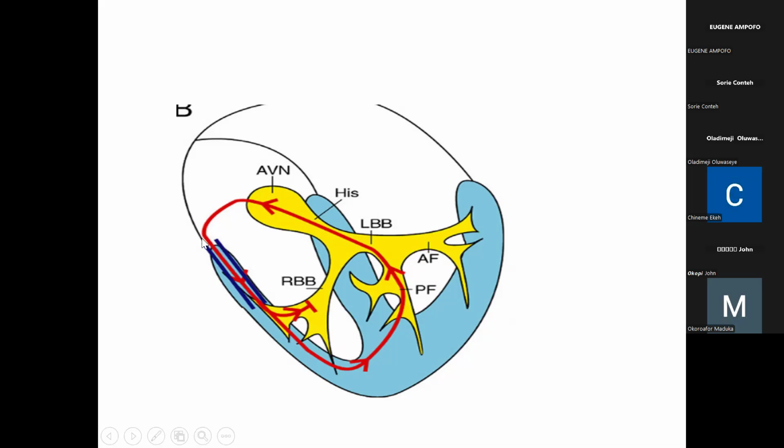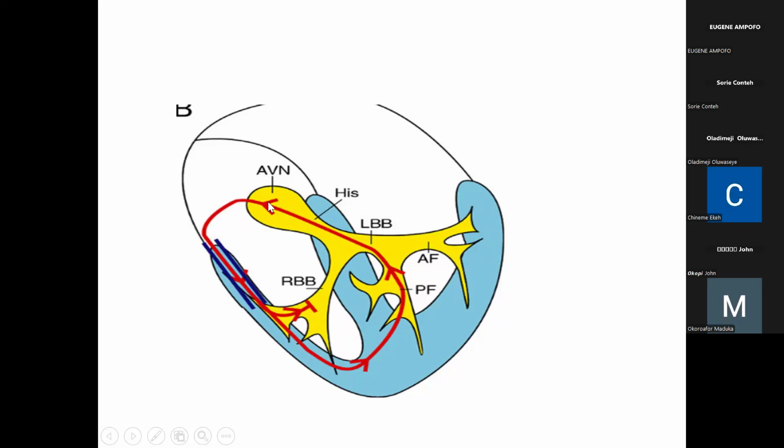So when the conducting tissue conducts through its normal tract to depolarize the ventricle, and the aberrant tract, which is a fast tract, conducts back to the atrium, the time interval between the ventricular depolarization and the atrial depolarization will coincide almost to the same time.